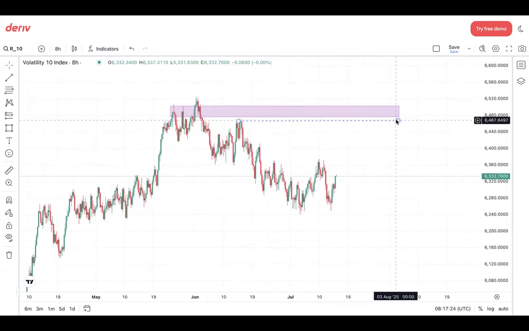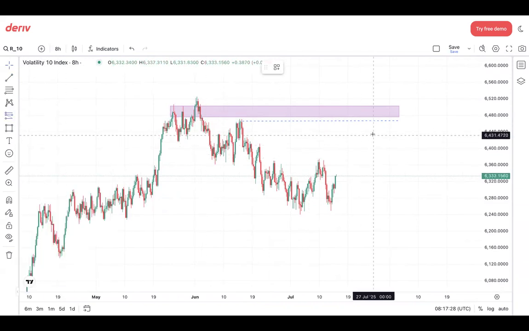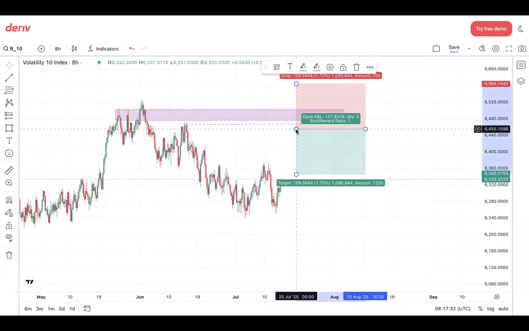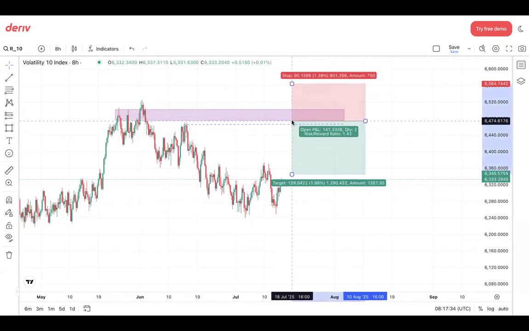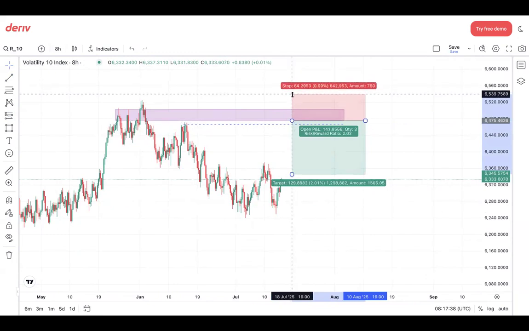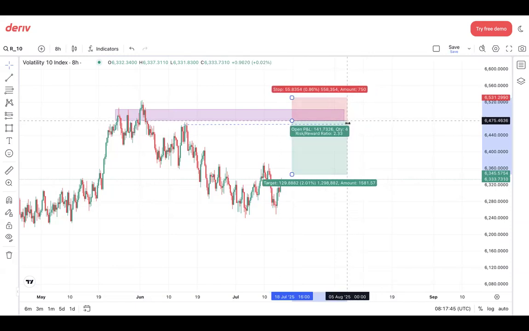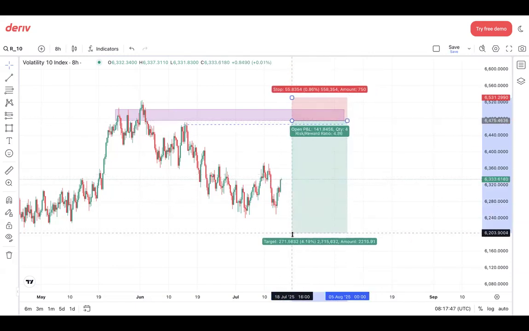Then the next thing here will be shorts, which we're expecting markets to push up price into that area. Then you drag this down all the way.